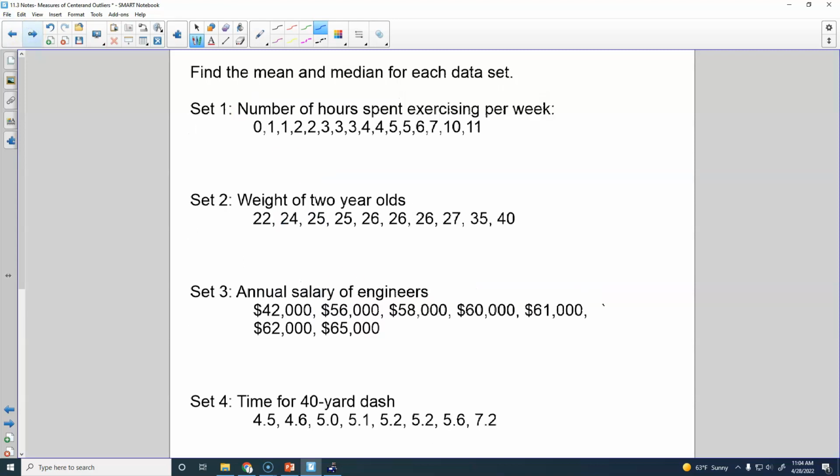So we are going to find the mean and medians of each data set. And for sake of time today, let's split these up. This first row right here, I want you guys to do set 1. Second row, I want you guys to do set 2. Here, I want you guys to do set 3.